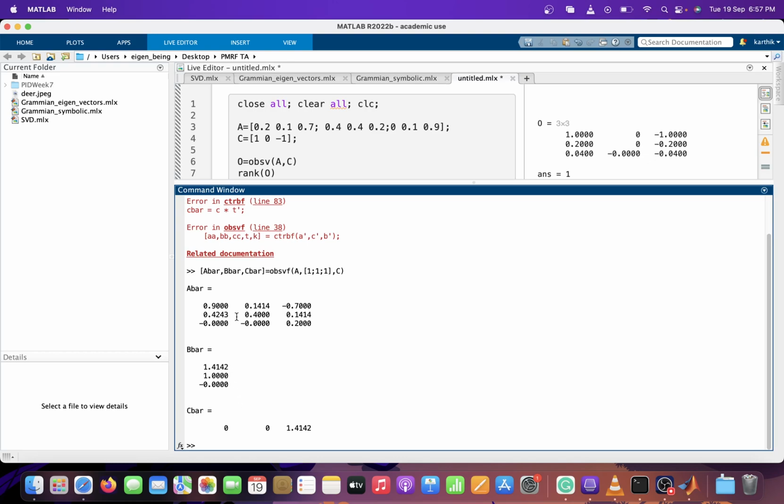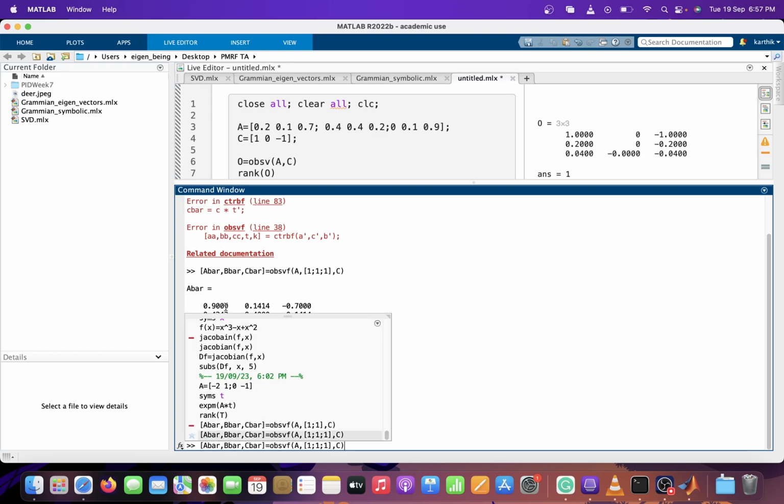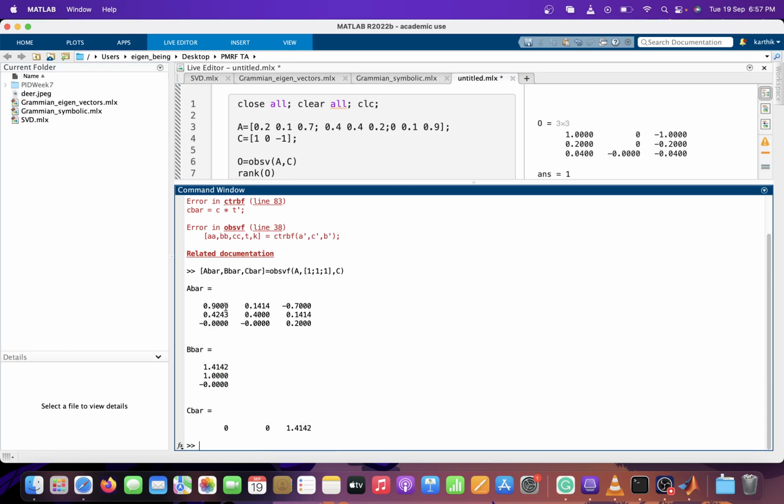Now actually the function always gives you the transpose, so you have to take the transpose here, like in your stability also, this is A transpose. Wait a minute, I think it's not A transpose.